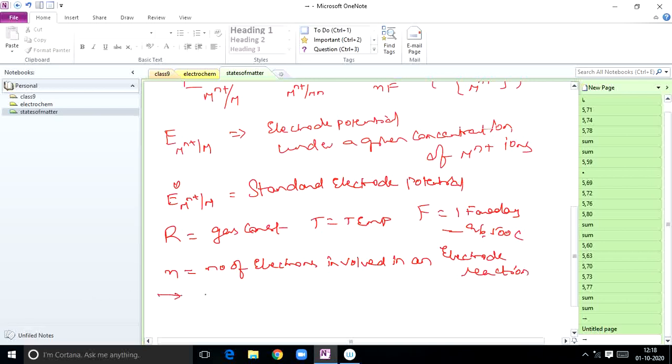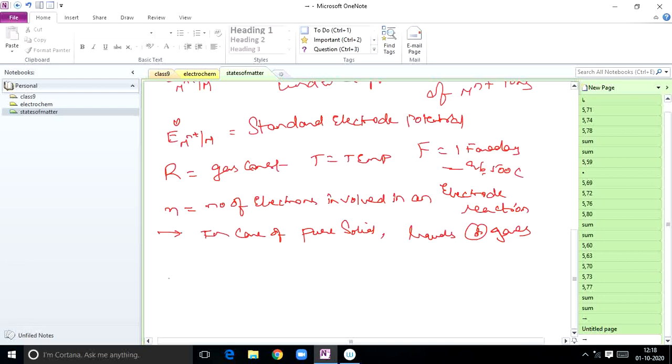One more point you have to remember: in the case of pure solids, pure liquids or pure gases at 1 atmospheric pressure, the molar concentration of a pure solid, liquid or gas is always taken as unity.